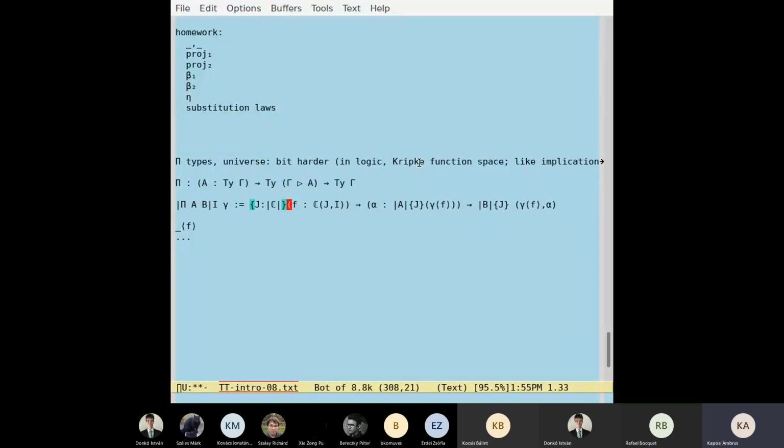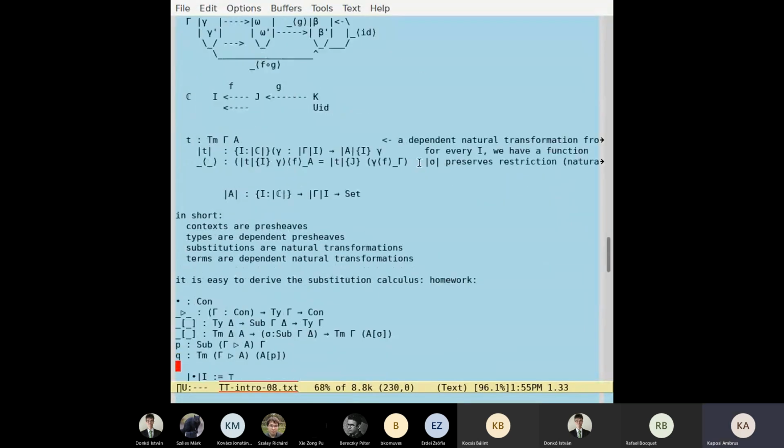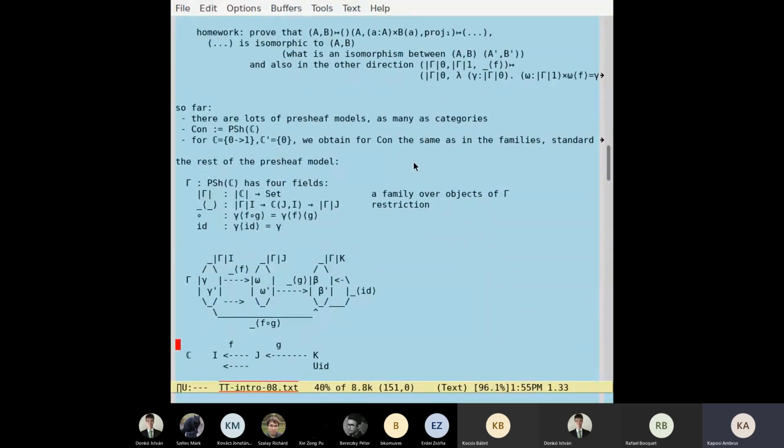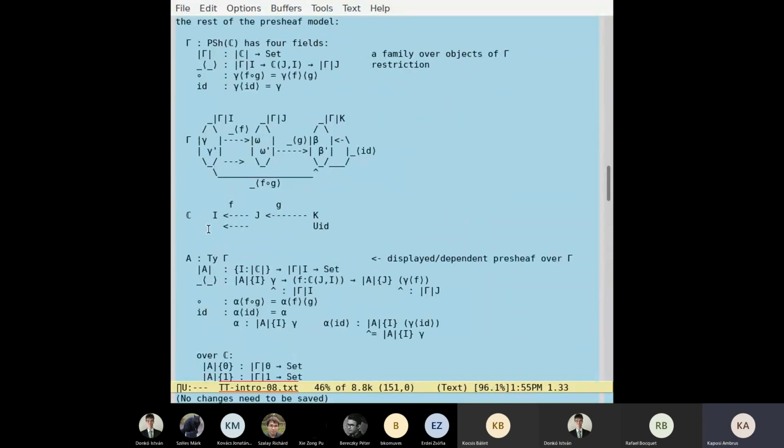This Kripke semantics, and in fact presheaf semantics, is called possible world semantics. So for every object of the category, I have a set. Okay, and in this possible world semantics, C is viewed as the set of possible worlds. So I is a possible world, and J is a possible world, and K is a possible world.